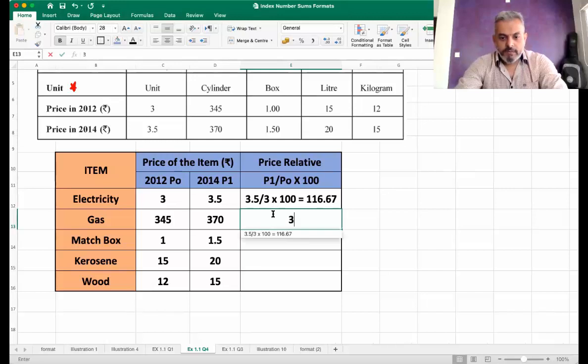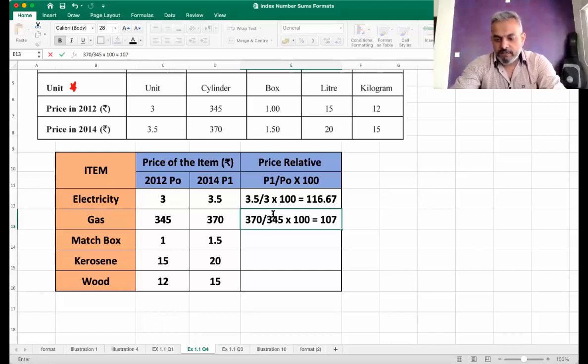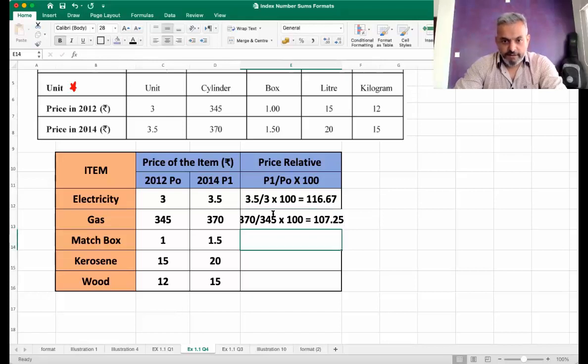Then 370 divided by 345 into 100, which is equal to 107.246, so 107.25.